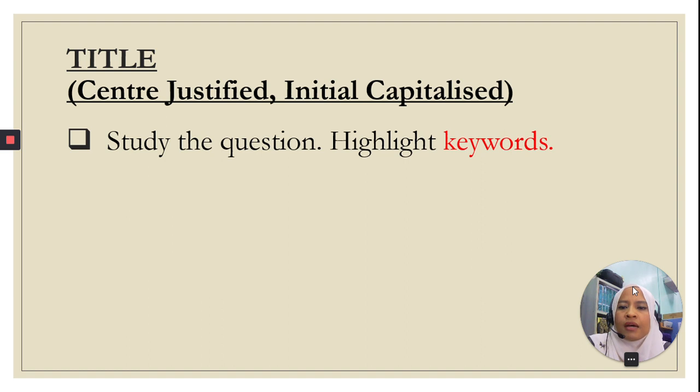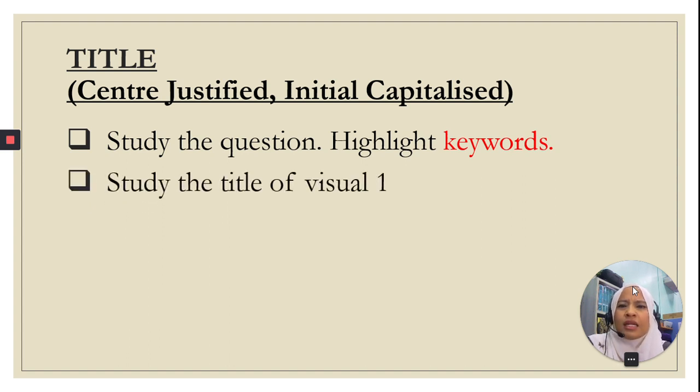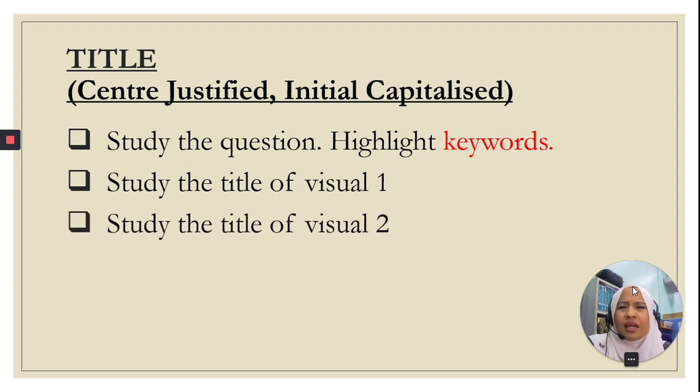So how do you write the title? Simple enough. First, read the question carefully and highlight the keywords. Then study the title of visual 1 and the title of visual 2, and again highlight the keywords for each of these titles.